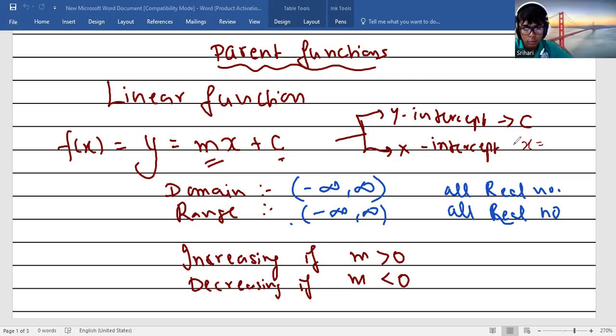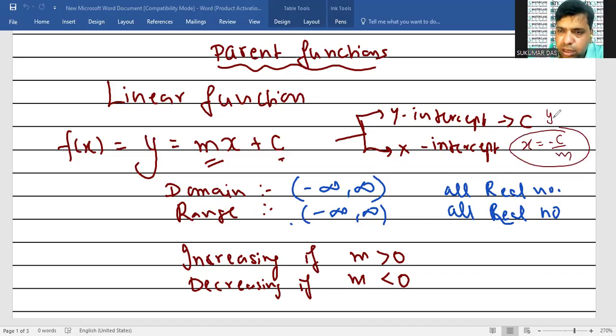So if y equals 0, then you'd get x is equal to minus c by m. So the x-intercept is minus c by m, and the y-intercept is c. Fine. This is what we should know about the linear function.